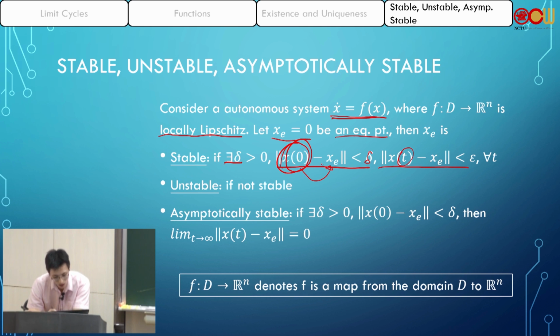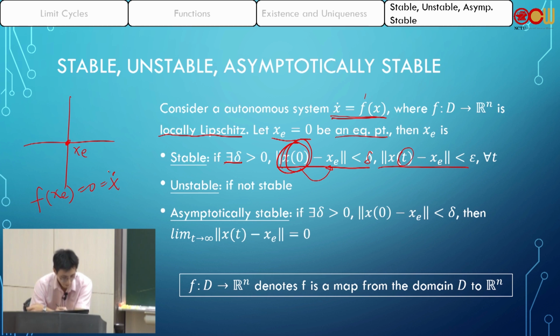If you start around the equilibrium point, it will stay around the equilibrium point forever. Remember for an equilibrium point, you substitute it into this f and get 0. That means the time derivative will be 0 because it's stationary, right?